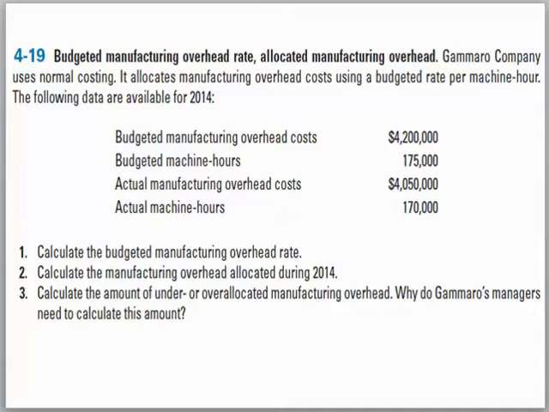Required number 1, calculate the budgeted manufacturing overhead rate. As we know, the budgeted overhead rate equals the budgeted overhead cost divided by the budgeted base, which is the machine hour in the problem.